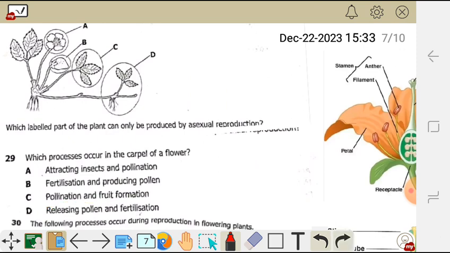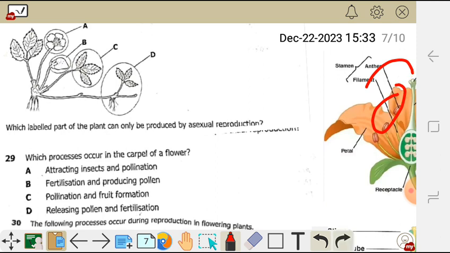Let's see D. Releasing pollen and fertilization. Fertilization takes place in the female, yes, but pollen is released by the male part. Take note of that. The pollen grains are produced by the male part and also released from the male part to the female part.